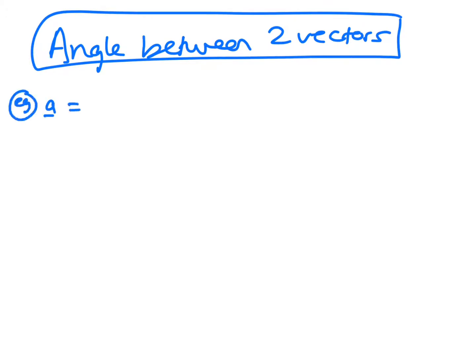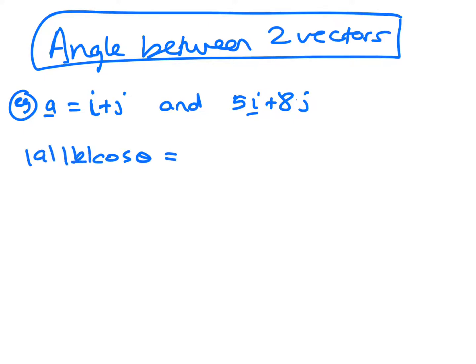We'll try and get the angle between these two vectors: i plus j and 5i plus 8j. Alright, so the formula on the formula sheet is the dot product, which equals that.